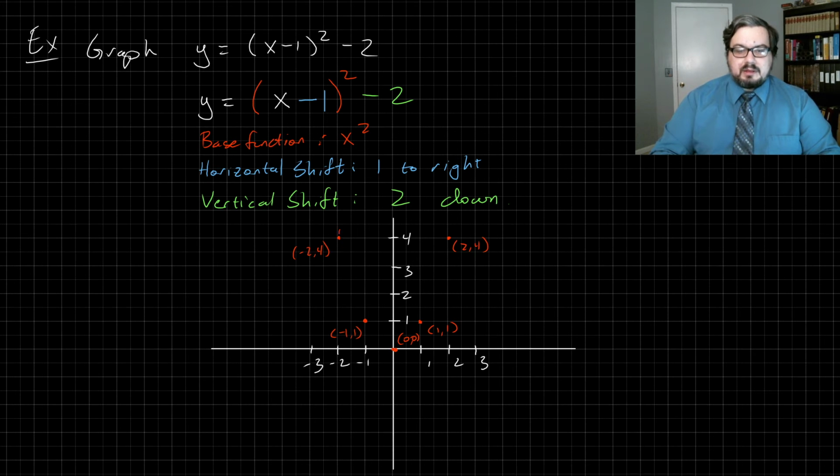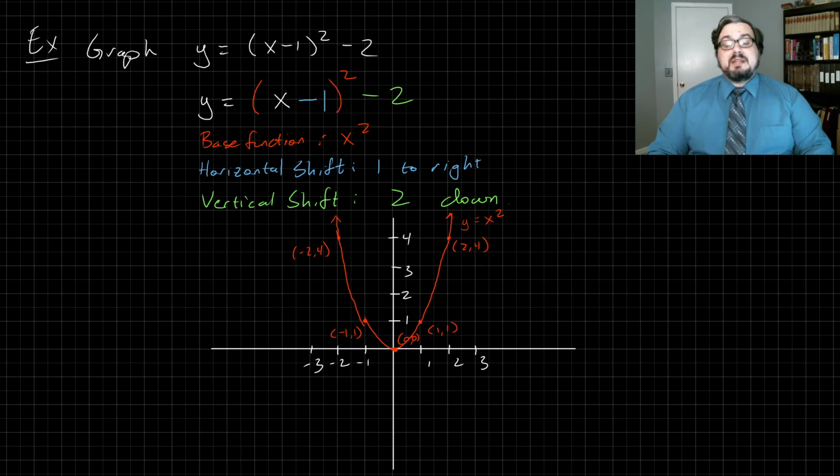And let's go ahead and sketch that in. So that's what the graph of just y equals x squared looks like. And if you're doing this by hand, I do strongly recommend labeling each of the graphs that you put down in order to make sure that you understand what's going on when you come back to review it, or even just as you're going through the problem.